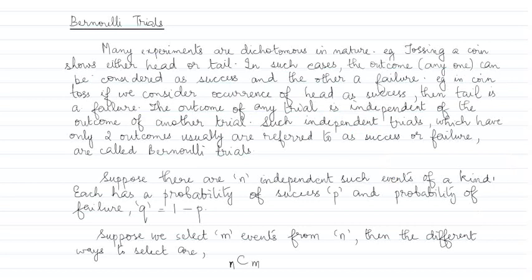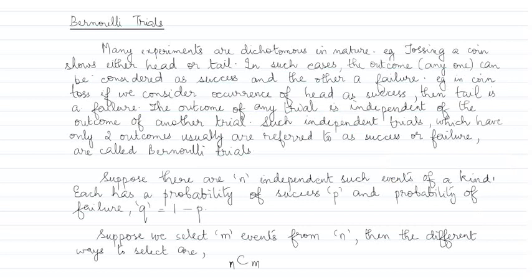There are two outcomes possible for that experiment, head or tail. If we consider any one of these outcomes as a success, say, let the occurrence of head be treated as success, then occurrence of tail will be treated as failure.